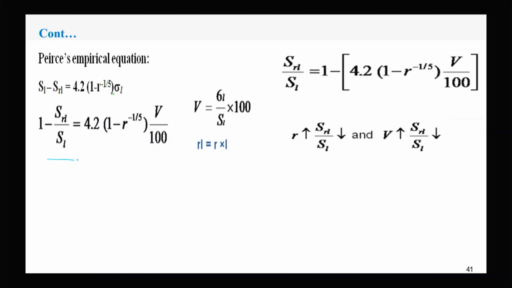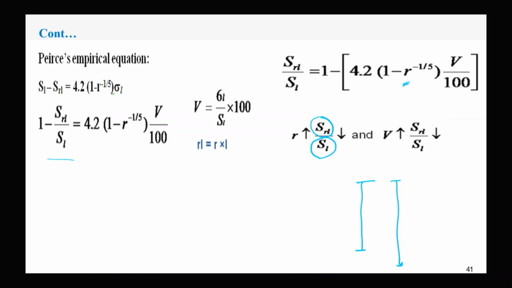From this relationship, we can see if we increase the R, that means if we increase the gauge length, then SRL will reduce. That means strength at that gauge length will reduce. SL is constant because of the initial strength, so the ratio will reduce.